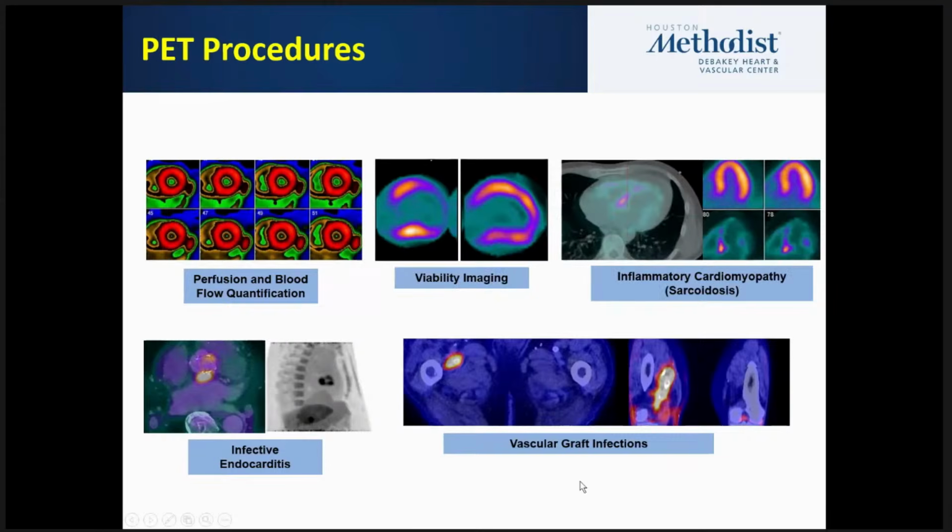So with this, I'm going to stop, and hopefully in the future we will have multiple lectures covering the role of PET in each of these modalities, and we will cover it in detail.